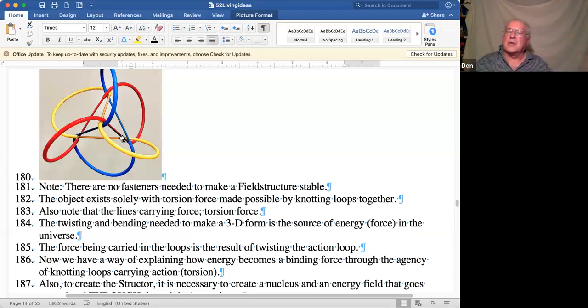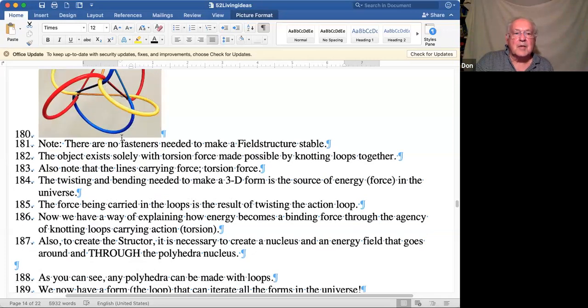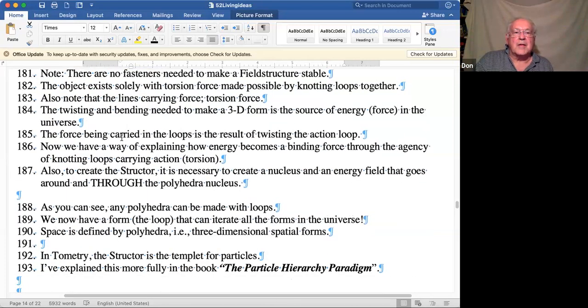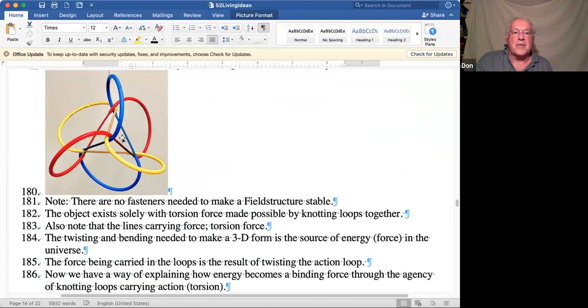All of our cubic architecture is only standing because we have tetrahedrons in the structure, keeping it rigid. As far as I know, there is no other structural system that can enclose space without using fasteners. This is the only one that can do that.